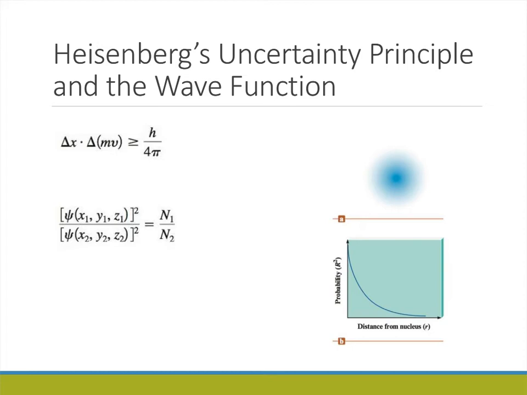Now, the Heisenberg uncertainty principle is mathematically equal to the equation set forth here. This equation is hugely important. What this states is the uncertainty in position times the uncertainty in momentum.